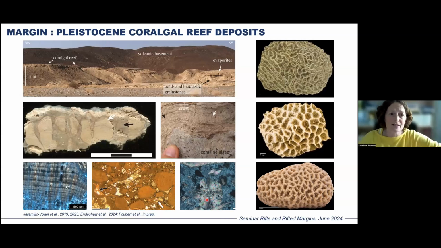And then all those deposits are each time draped by gypsum deposits, which you see here. So this always represents the stage going from a rather open marine, open Red Sea setting towards alternating phases of very restricted conditions with the microbialites and the crusts coming in. And then finally you desiccate the basin, with the gypsums even plastering the margins.